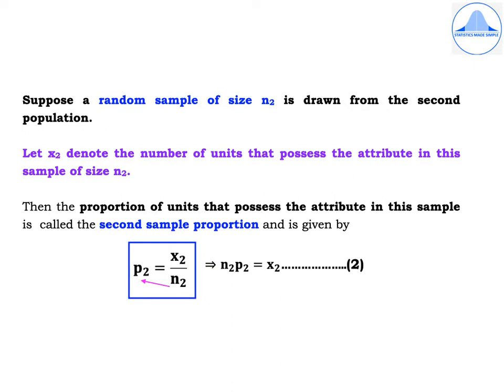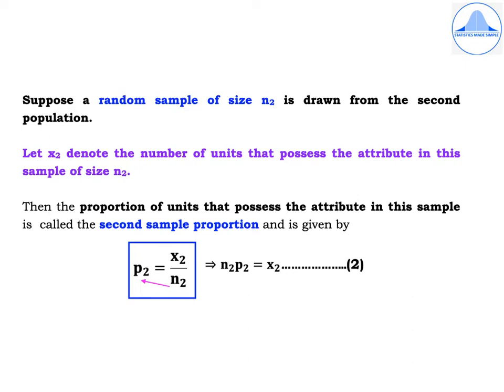Suppose a random sample of size n2 is drawn from the second population. Let x2 denote the number of units that possess the attribute in this sample of size n2. Then the proportion of units that possess the attribute in this sample is called the second sample proportion and is given by p2 equal to x2 divided by n2.